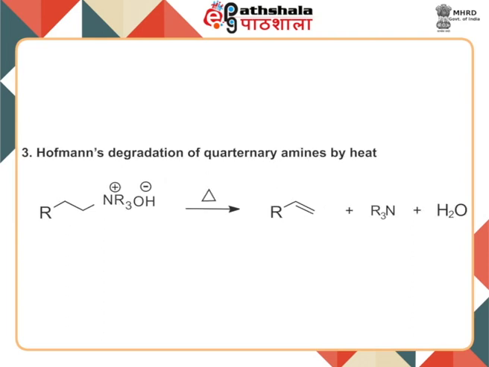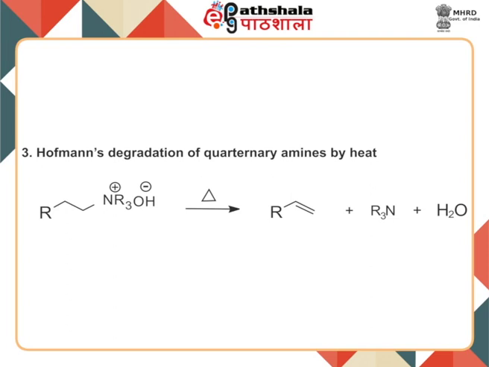The next example which you can see is the Hofmann degradation of quaternary amines by heat. Here we are not taking any acid or base, but heat is doing the elimination. Starting with the tetraalkyl ammonium hydroxides, when they are heated, there is removal of the tertiary amine, that is R3N, and also the removal of water.